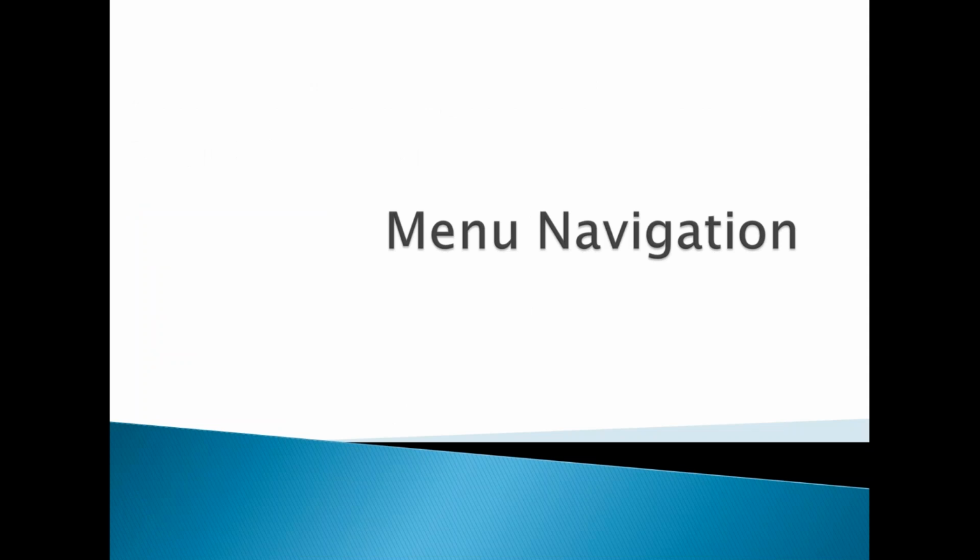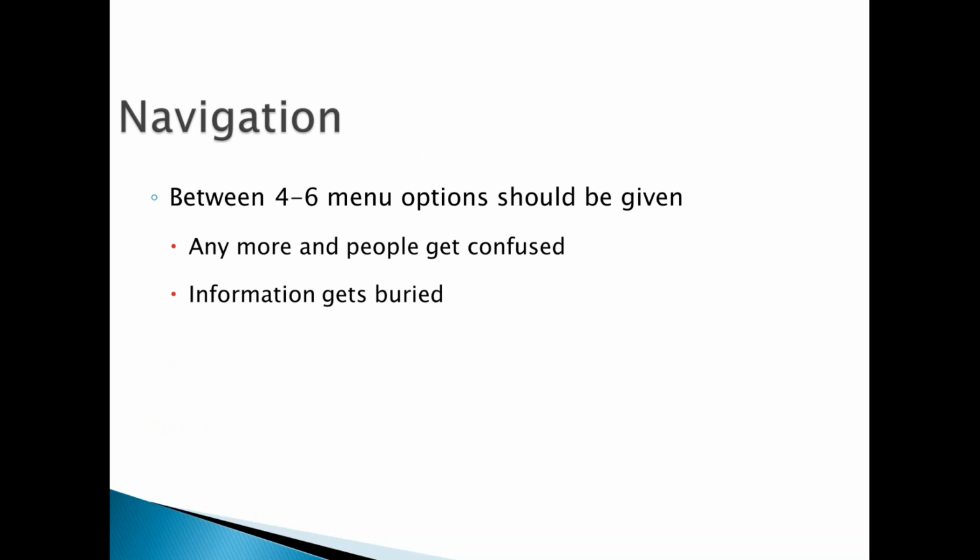Menu navigation is very important and key to any website. When you are designing websites, there are certain key things that you need to look at and think about when designing your menu navigation. Here at QCamp, when we do our menu navigation, we look at the content that's going to be put onto each page of the website. And we organize it in a way that makes sense to users.